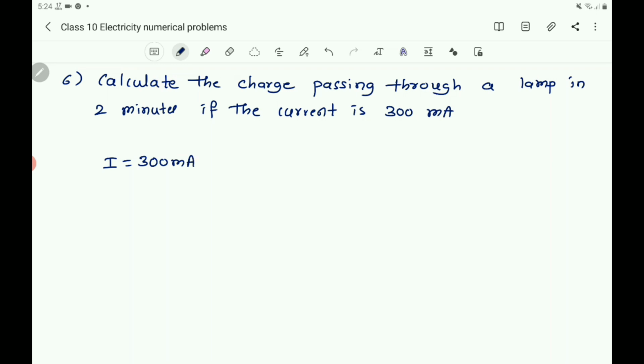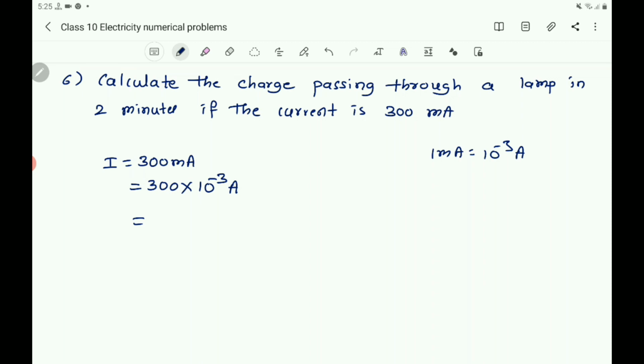You know that 1 milliampere equals 10 power minus 3 A. So that is 300 into 10 power minus 3 A, because 1 milliampere equals 10 power minus 3 ampere. So to convert this into ampere, you must multiply it by 10 power minus 3 as it is in milliampere.